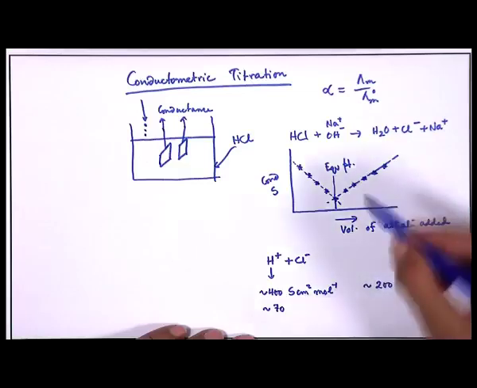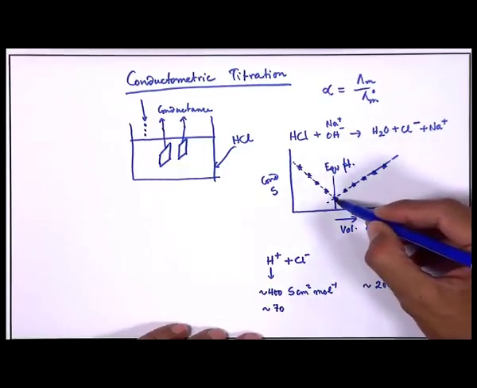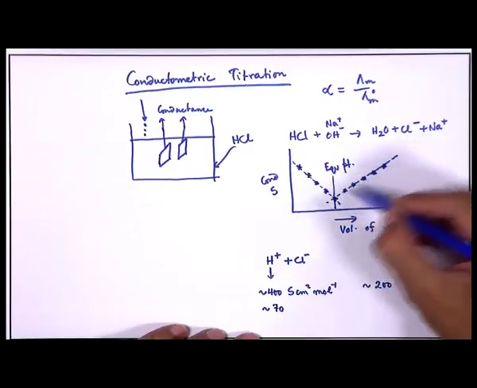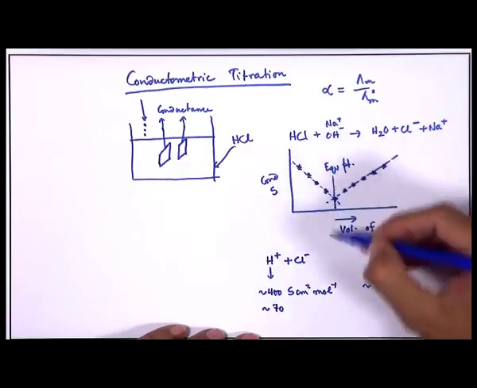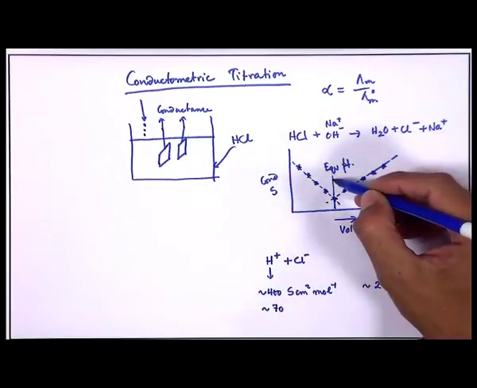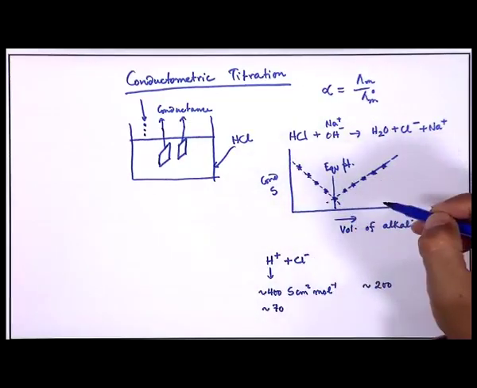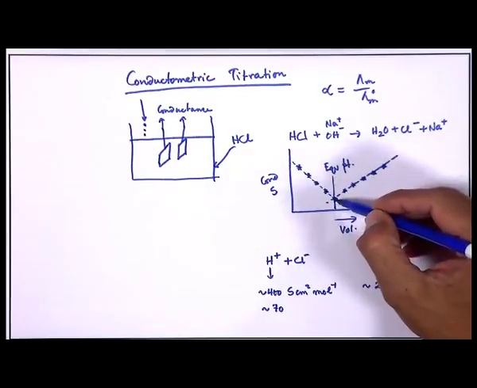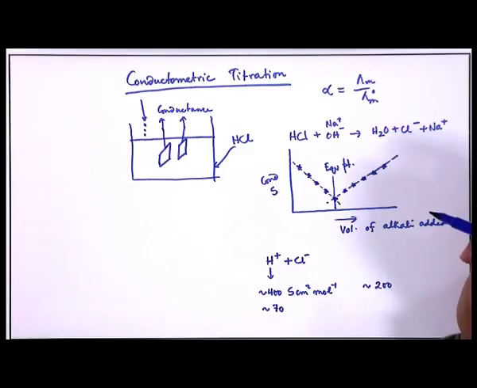So, again after reaching this minima, it starts to increase steeply, but this slope will not be as steep as the earlier slope, because the conductivity of H plus ion is almost double that of OH minus. So, this way you can find out the equivalence point of an acid base reaction by means of conductometric titration.